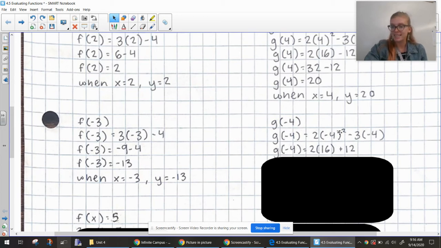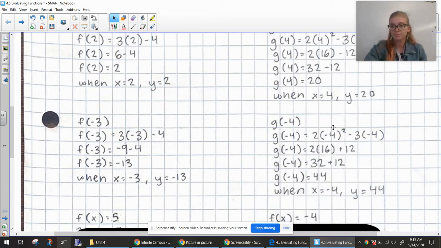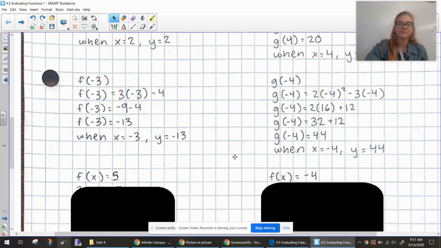Something to notice is that negative 4 squared is a positive 16 because negative 4 times negative 4 is positive 16. So now I'm going to multiply. 2 times 16 is 32 plus 12 is 44. So when x equals negative 4, y equals 44.